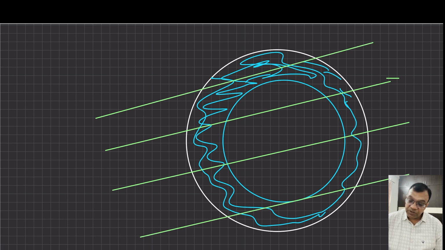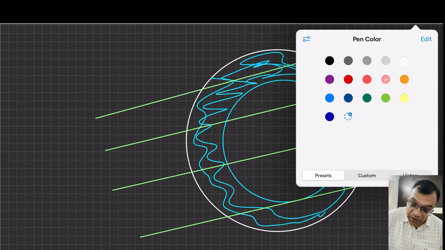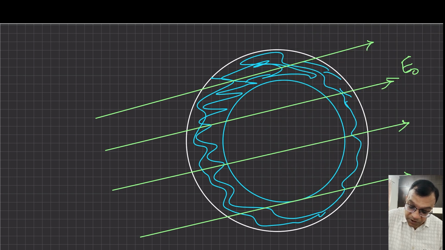Now what happens here when this external electric field has been placed, switched on? There will be some free electrons present here. I am representing those free electrons by these yellow circles. Everywhere free electrons will be there.